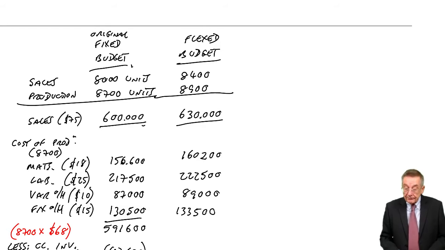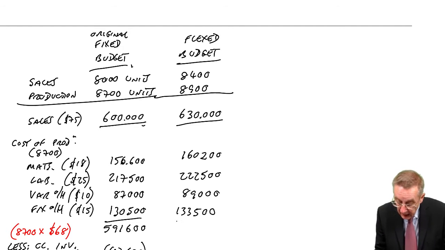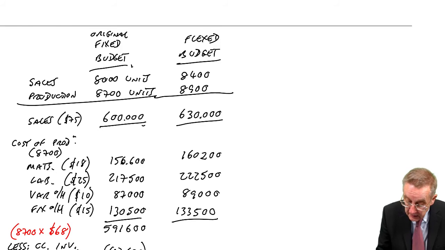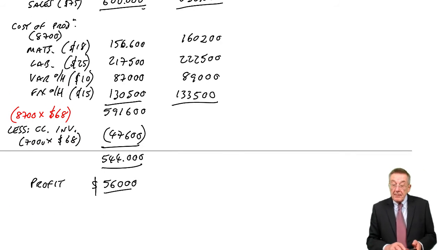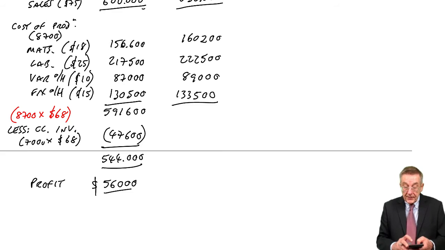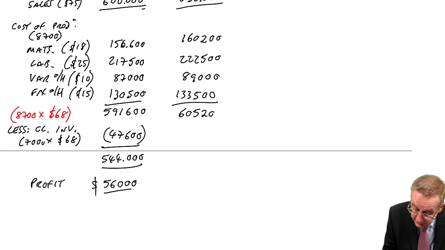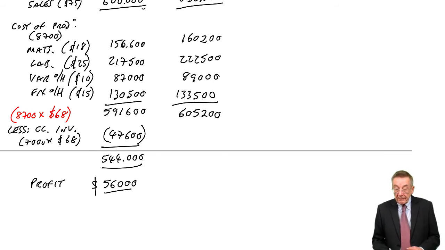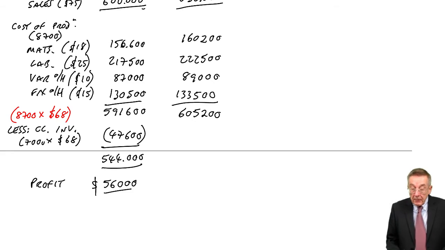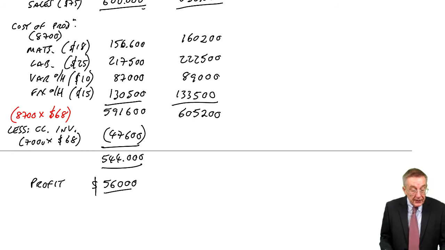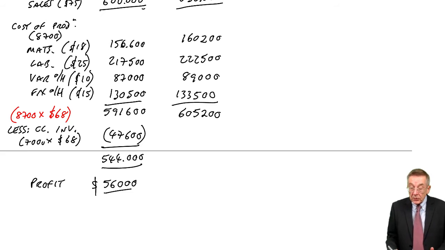But accept how I got the figure. I multiplied 8,900 production by the $15 a unit for fixed overheads. I will come back and say more about that in a minute. But it means that the total cost of production comes to $605,200. That's the cost of production, but of course we want the cost of the 8,400 that was sold.